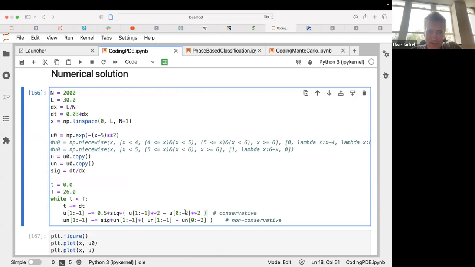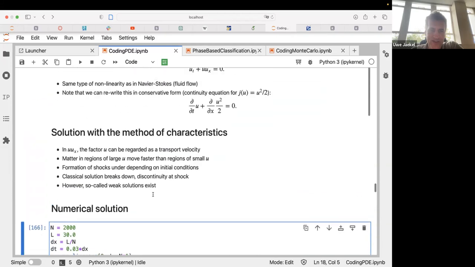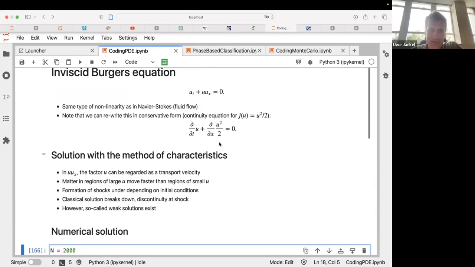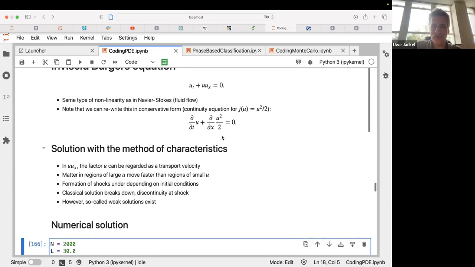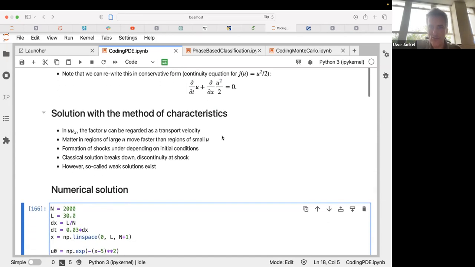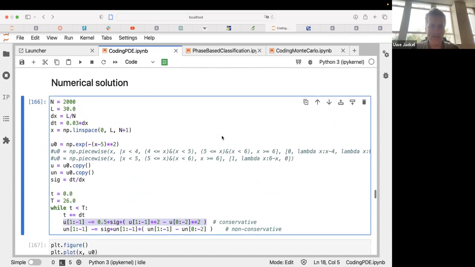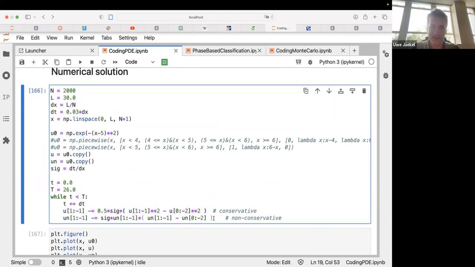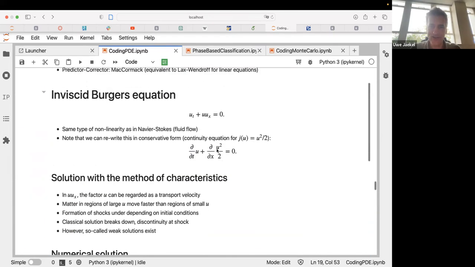So if we make a naive discretization, we get this update scheme. If we make a discretization which takes into account this flow velocity, this flow proportional to u squared, we take the numerical derivative of this function instead of the numerical derivative of this function.